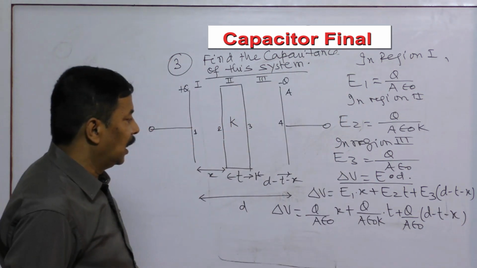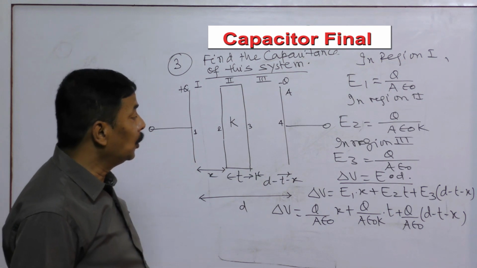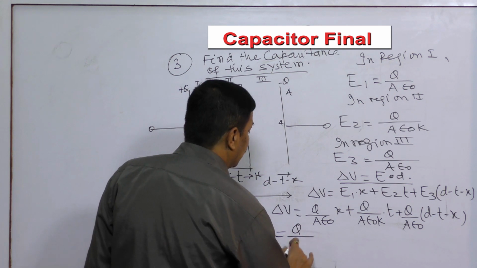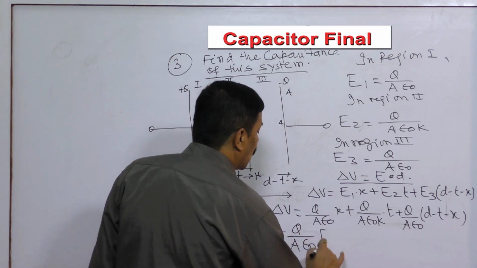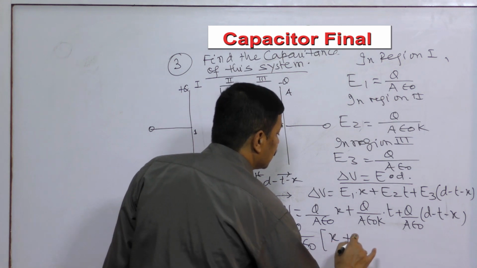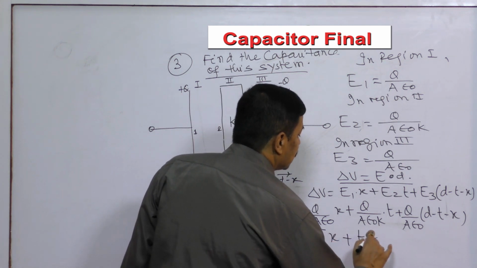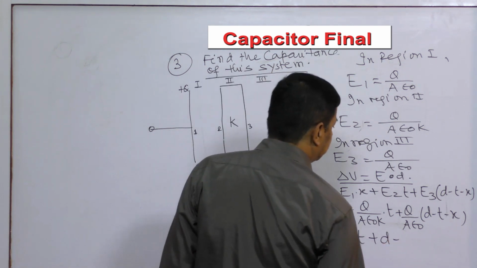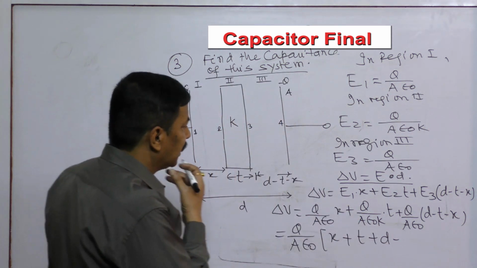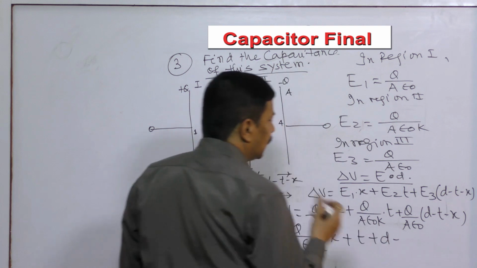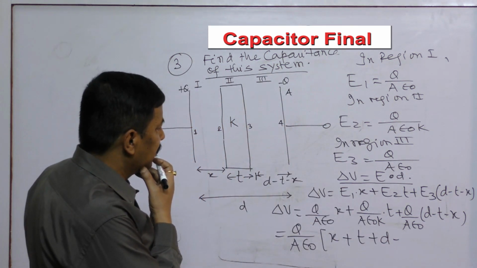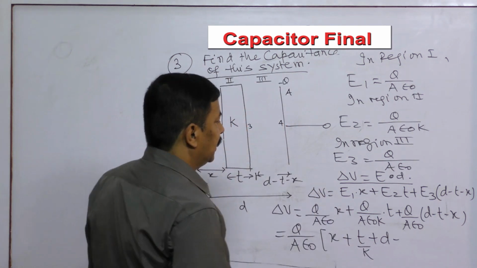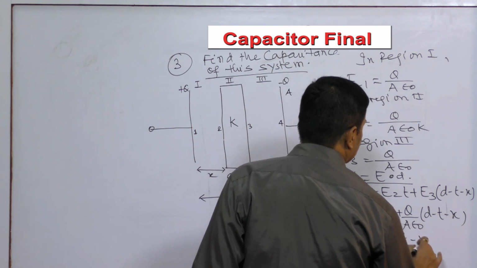Now I would take Q by A epsilon naught common: x plus T by K plus D minus T minus x.